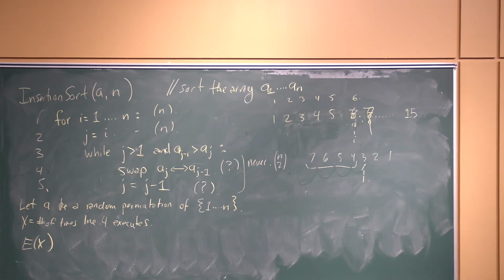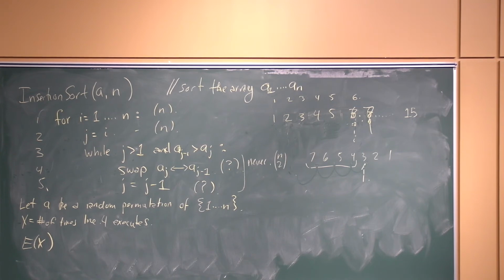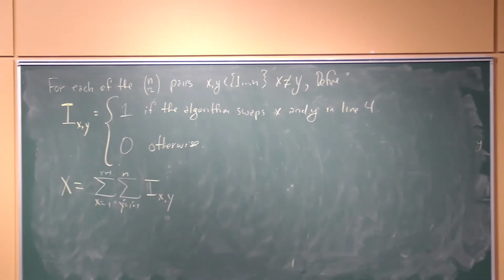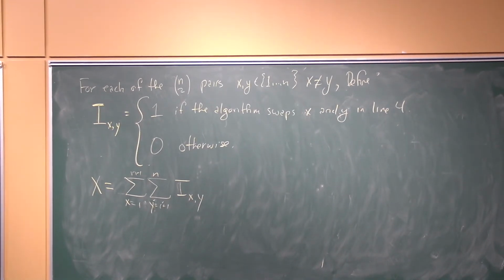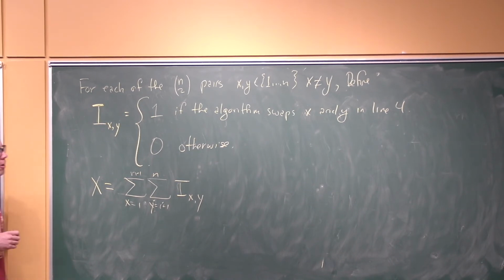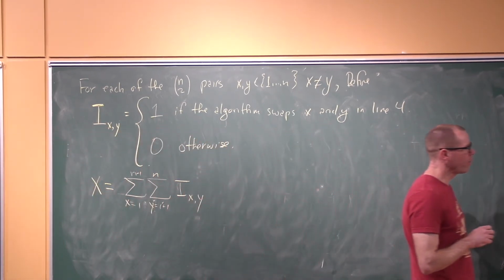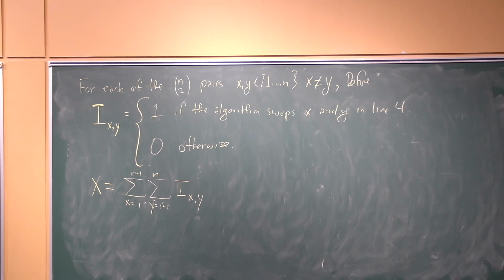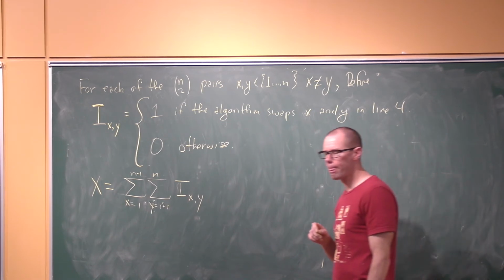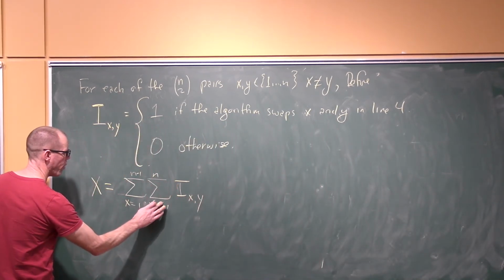So x is exactly the sum over all pairs of the indicator variable I_xy. So we sum over all the pairs in the input array, and we look to see if the algorithm swaps that particular pair. It should be y equals x plus 1.